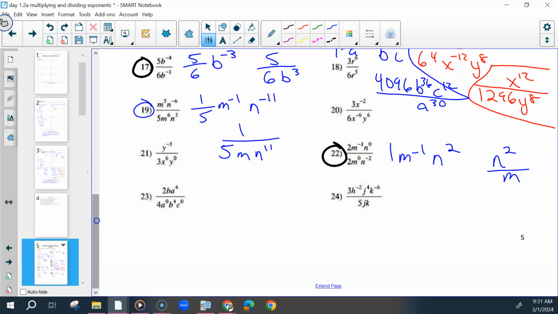So your final answer, n squared over m. Questions on any of those? Go on to the next page.